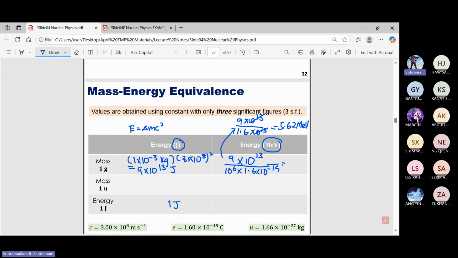In this case, you don't multiply by mega. You just multiply by the charge of electron.